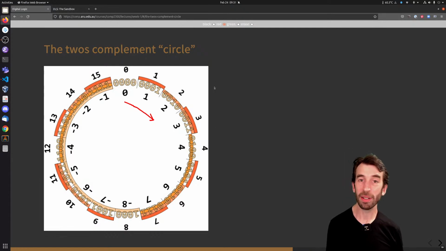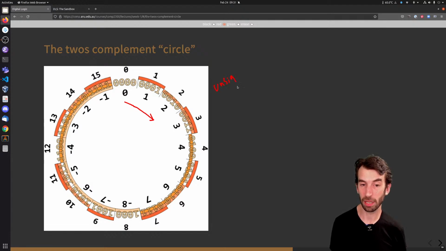From now on, when I say a positive number representation, I'm going to call it unsigned. And on the inside it's signed. And when I say signed, you can assume I mean 2's complement.